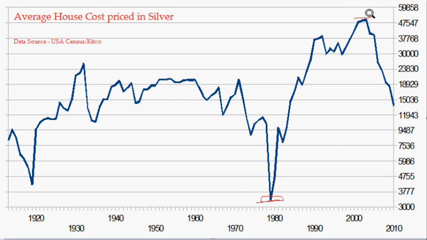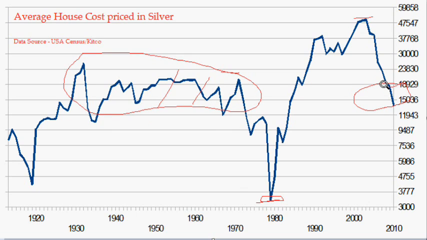Since this top here, shortly after the year 2000, the price of houses has gone down about two-thirds of its value priced in the silver market. We're now back to the prices that we had from the 1930s, 1940s, 1950s, the 60s. We're back in this entire range of prices as I'm doing this video now.